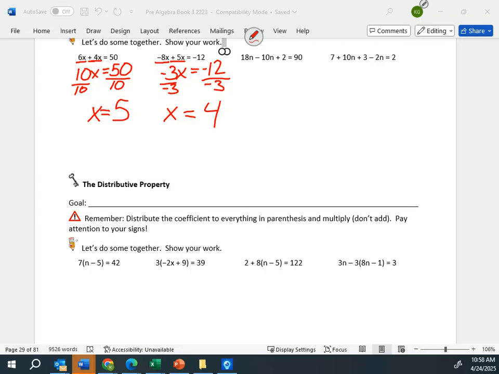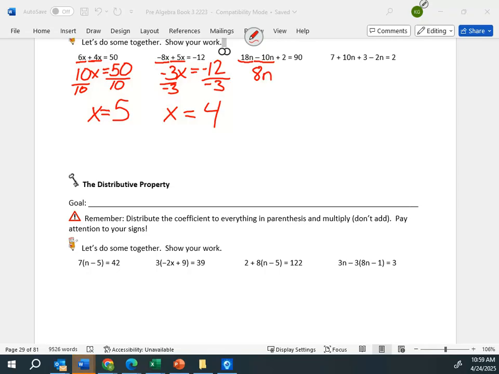Next one. What should I do first? Christina. Which are? So what do I get from that? 8n. Can't forget to put that n on there.